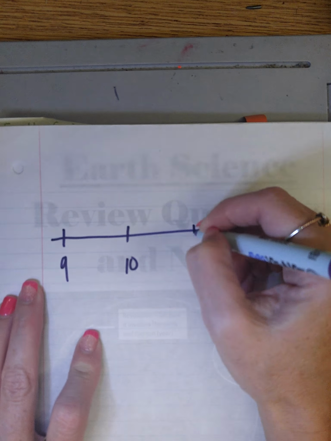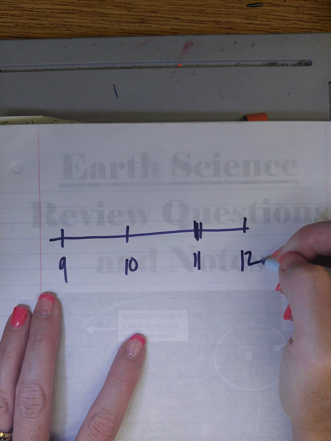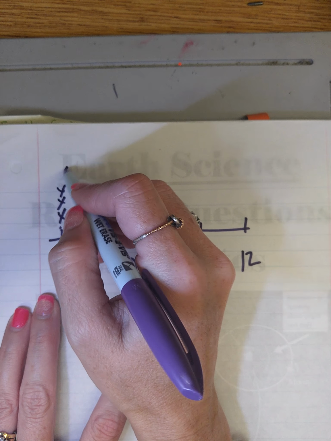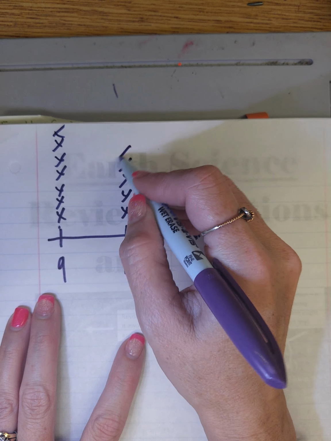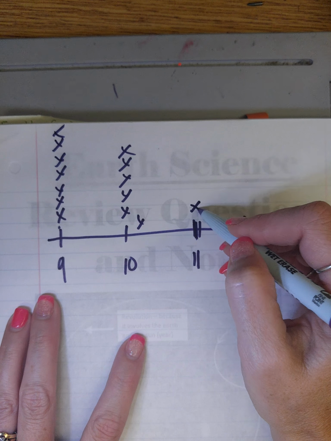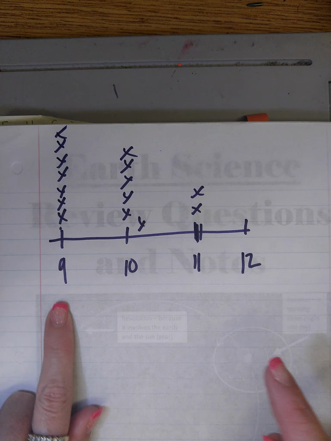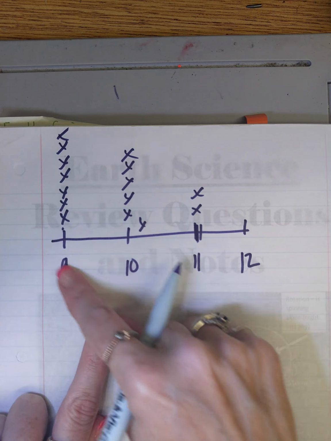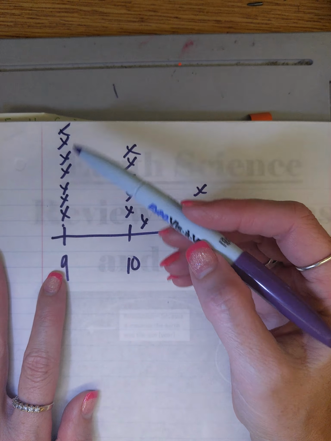We have 9, 10, 11, and 12-year-olds in the class. Let's say we have 1, 2, 3, 4, 5, 6, 7. 1, 2, 3, 4, 5, 6. 1, 2, and none. So using this data, I have to solve which number of students occurred most often, or which age occurs most often in the classroom.